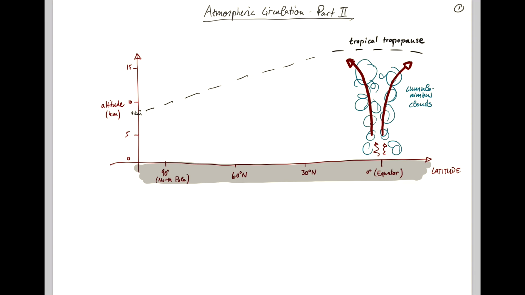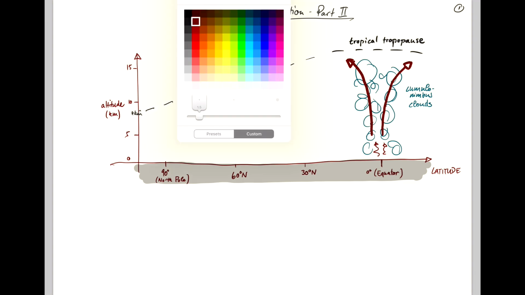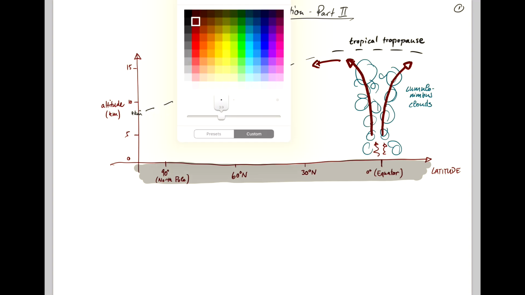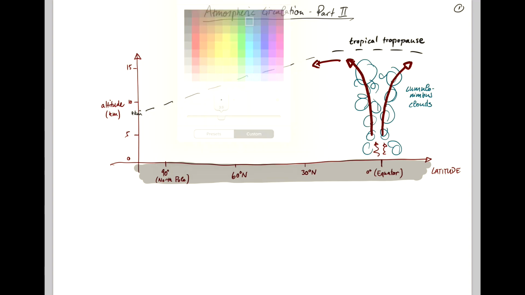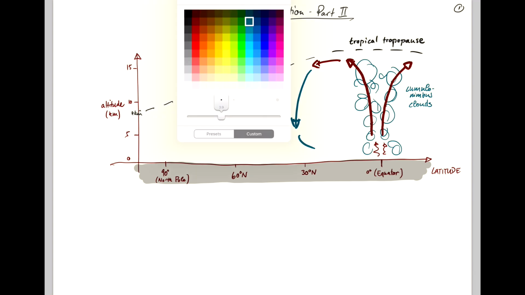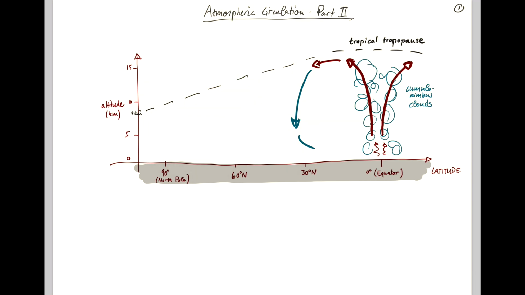And what I've drawn here, this upward rising air at the equator, is the southernmost part of the Hadley cell, and then the air gets deflected to the north, and then it gets cool and drops down at about 30 degrees in the mid-latitudes, and then as it travels across, it gets warmer again.